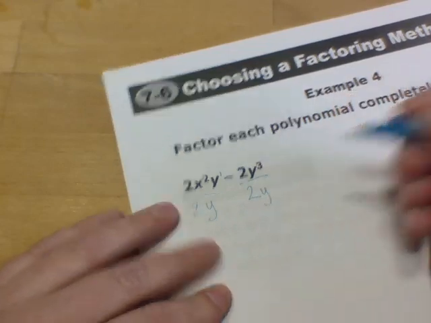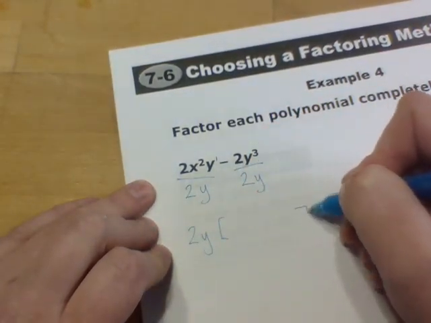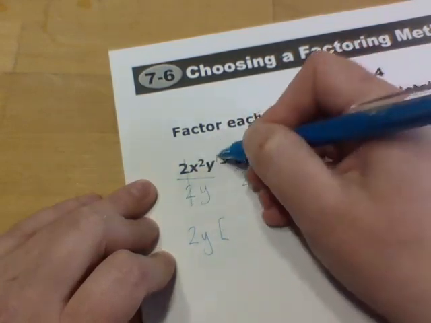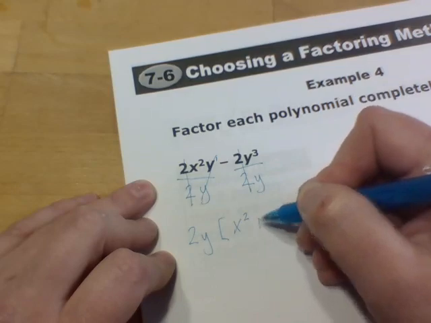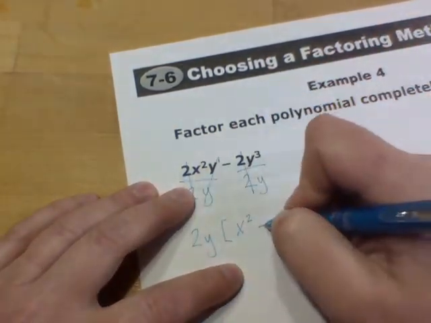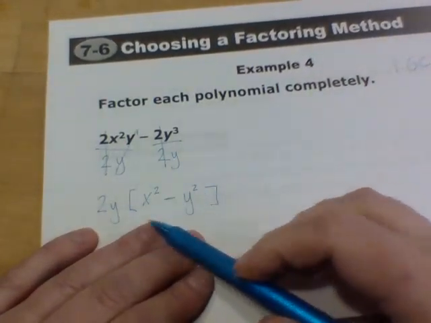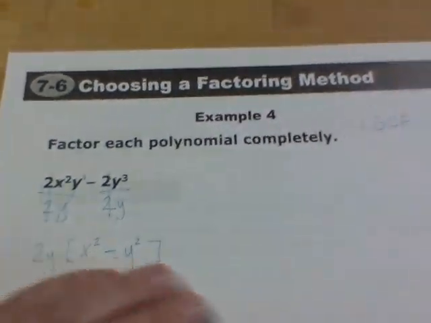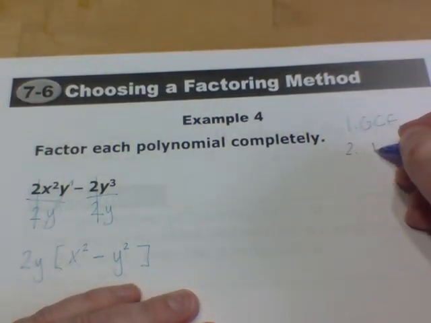So we will be dividing by y, which means we'll have 2y and then the leftover pieces of x squared minus y squared. And so now that we have what's in these parentheses, we are looking for a difference of squares.